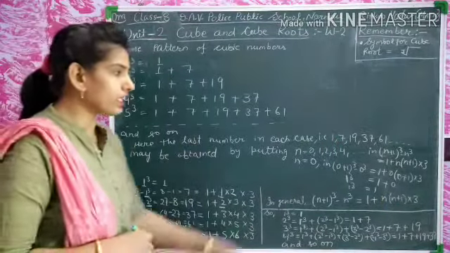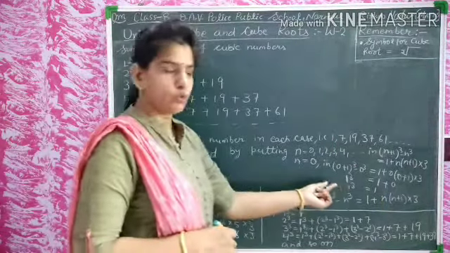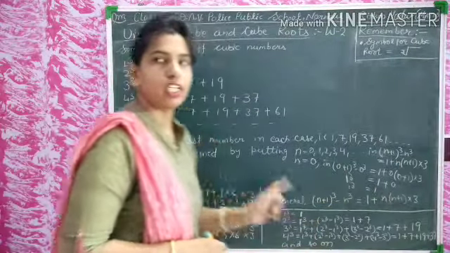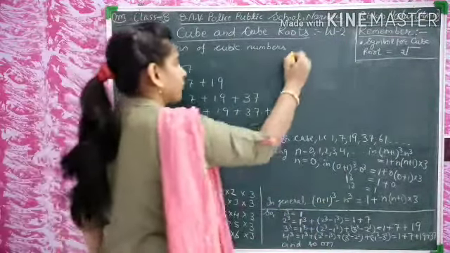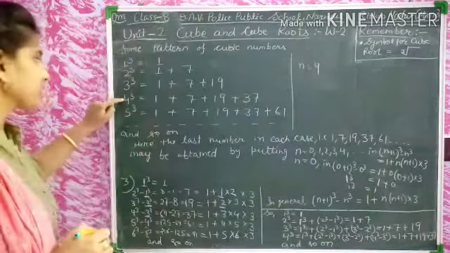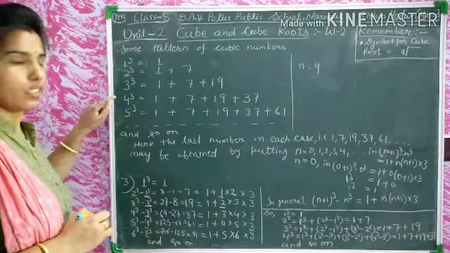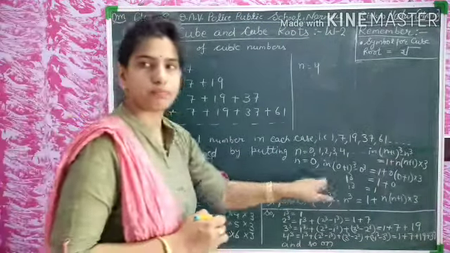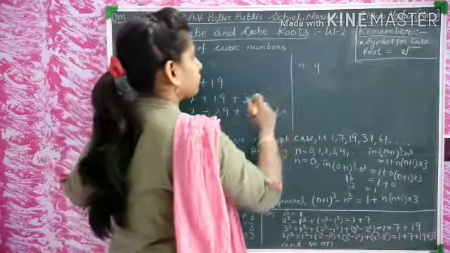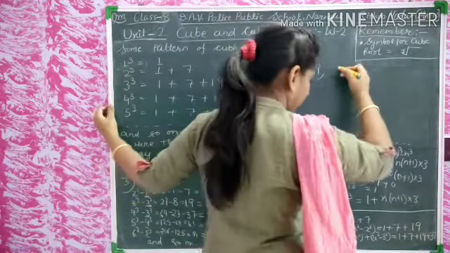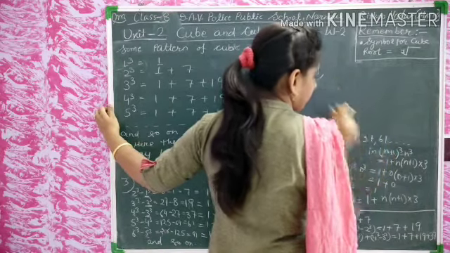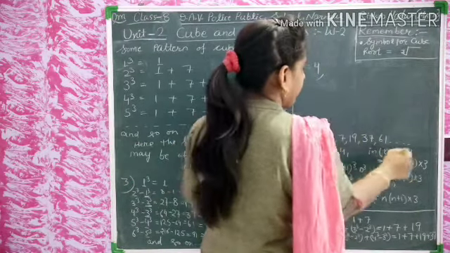So we can calculate any number. Now 1 cube is equal to 1 from this method. Now we want to find here n equal to 4. Let's see there. This is n equal to 4. Now we will calculate from this, and this is n plus 1 cube minus n cube.